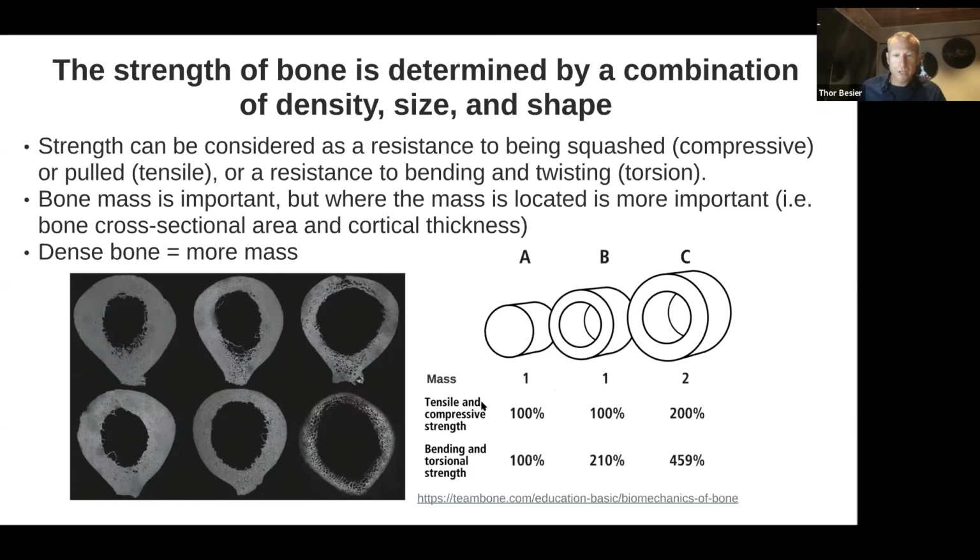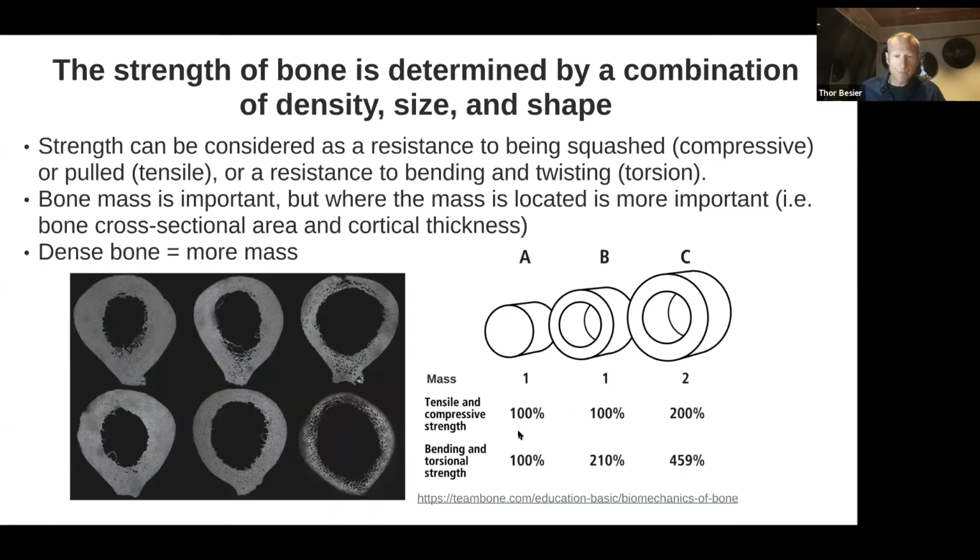So what's going on here when you look at the strength, the tensile and compressive strength, so that's if you just push or pull on these different structures, you can see that with the same mass, you need the same force essentially to either squash the bone or pull it apart. When we double the mass, we need 2 times the force, or the strength of this bone is doubled.